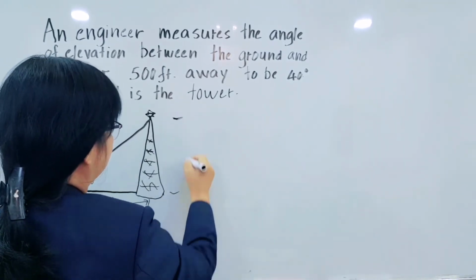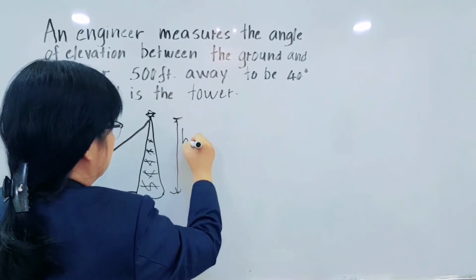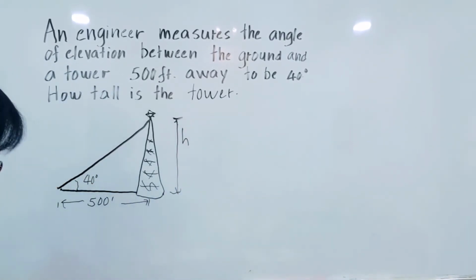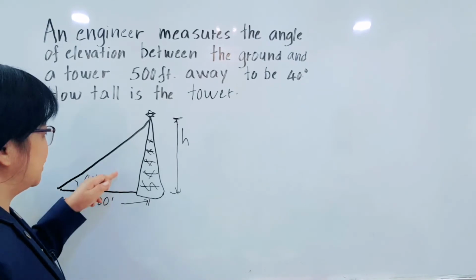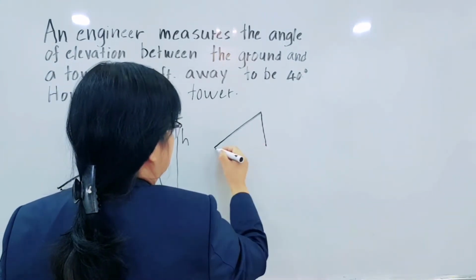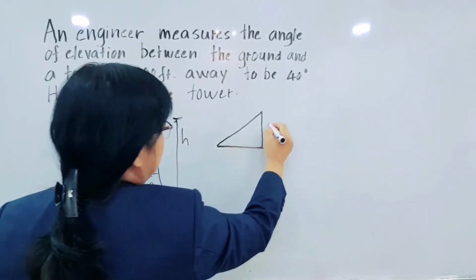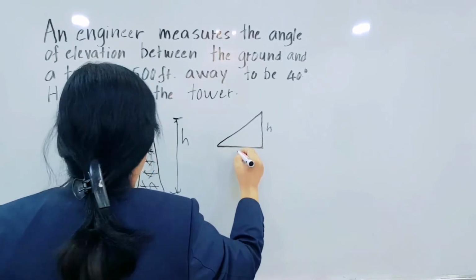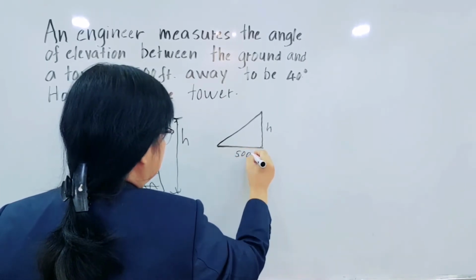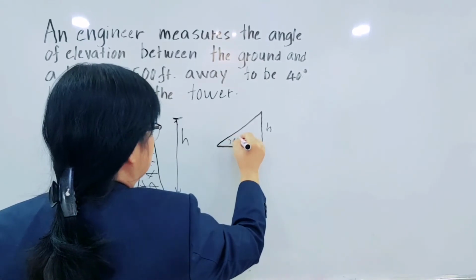We're looking for the height of the tower. Of course, this will become a right triangle, wherein this one is the height of the tower and this is the 500 feet. Of course, we have the 40 degrees here.